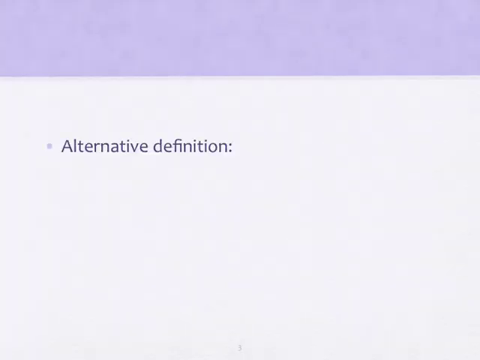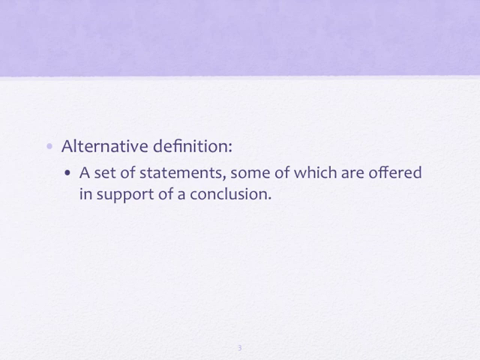Here's another definition that you'll find in a lot of logic textbooks. An argument is a set of statements, some of which are offered in support of a conclusion. And of course, those statements that are offered or advanced in favor of the conclusion are the premises or the premise.